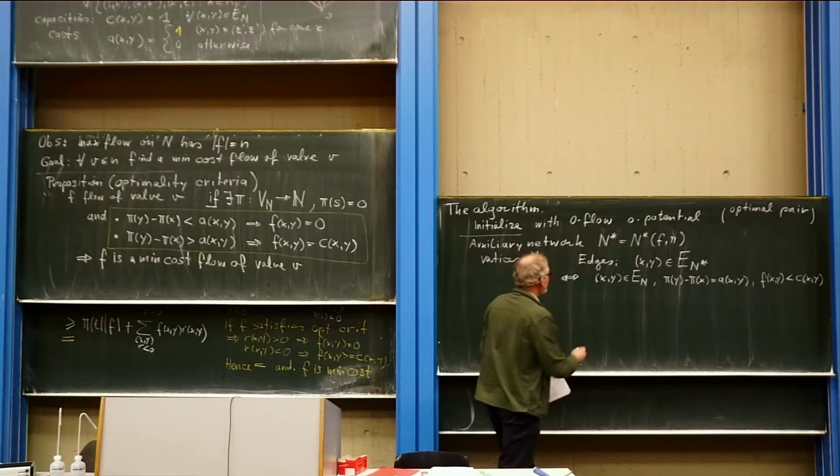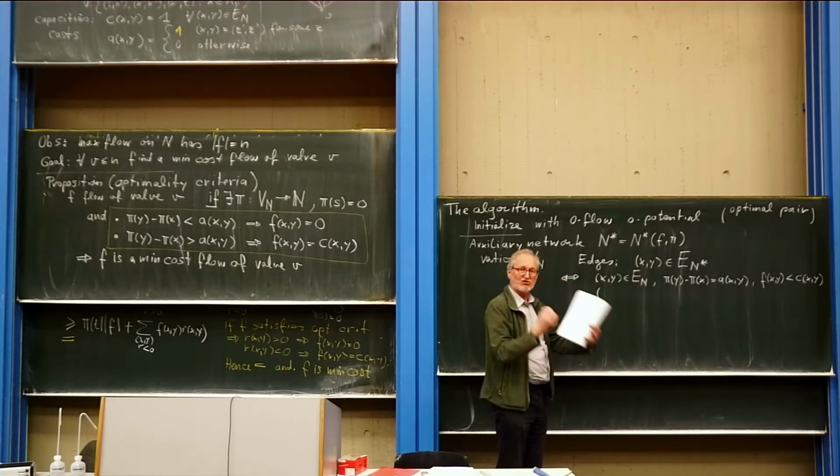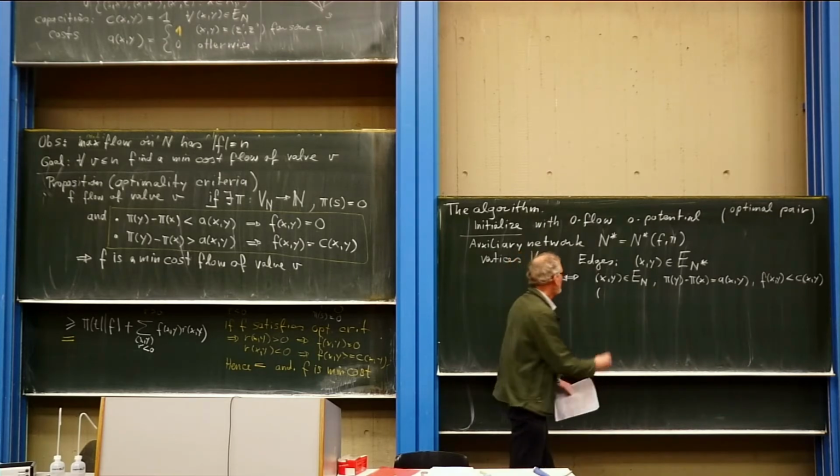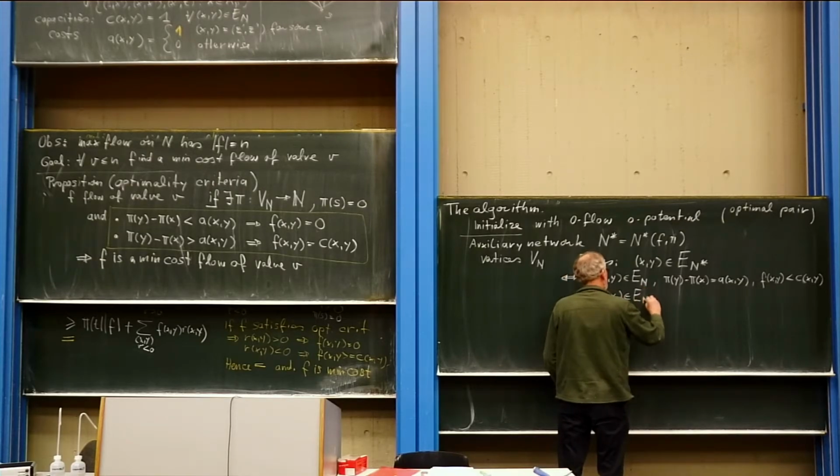And the other case is that we include a backward edge, that we have an edge which already carries some flow, and we can return something.